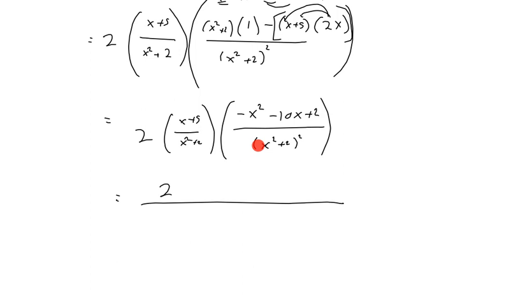So top parts, I would have this x plus 5 times this negative x squared minus 10x plus 2. And, well, now I could do some distribution here, right? I could do foiling or distribute all the things and simplify this upper part together. I could. I mean, we're not going to, but we could.